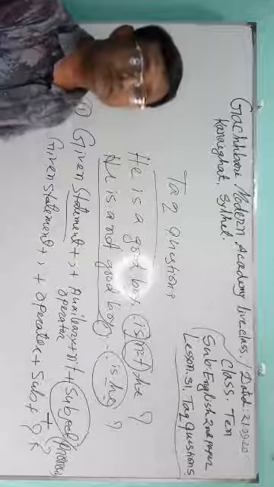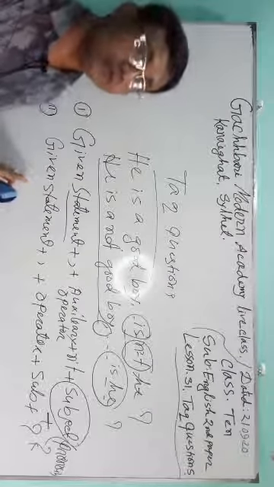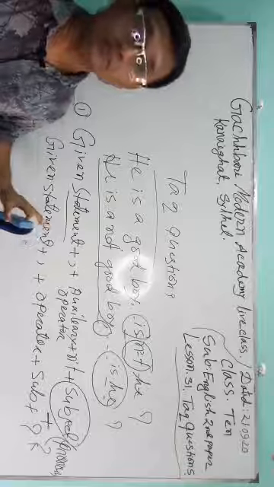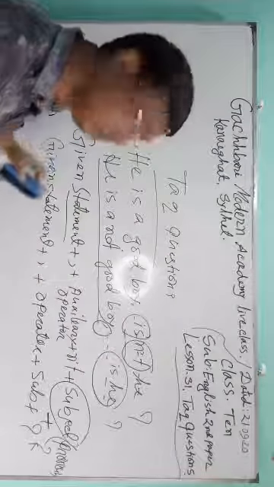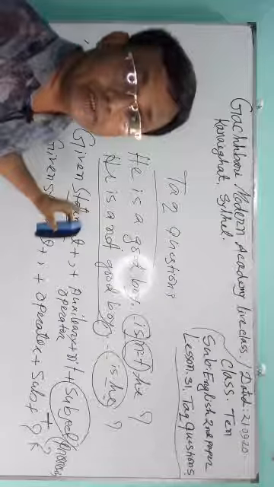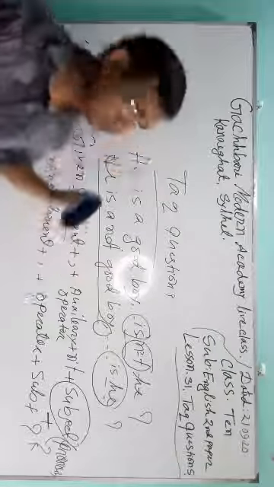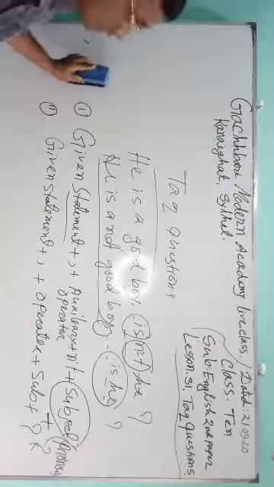Now I would like to show you some operators and the contracted forms which are used in the tag question. Okay, dear students, have you written what I have written on the board? Dear students, I have to clean the board.